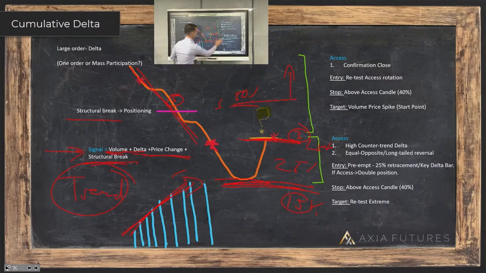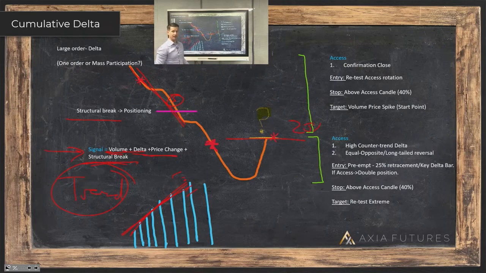However, now we instead are going to apply access. In other words, what we're saying to ourselves is, when we get that 25% pullback, I really want to see some form of access. Because if I can see the kind of price action I want to see, what it means is I don't need a 25% stop.